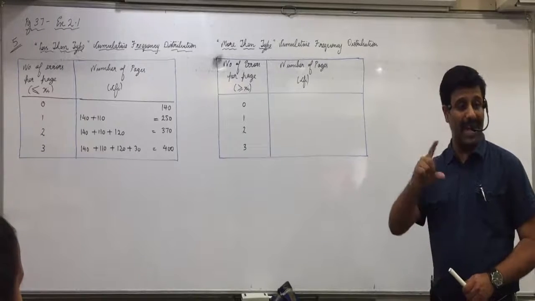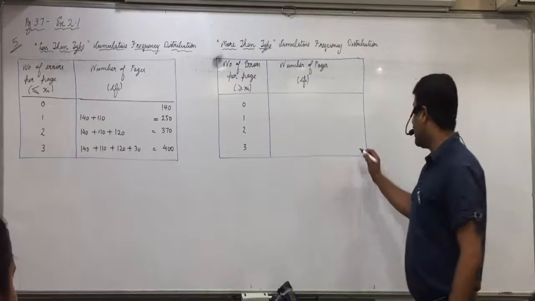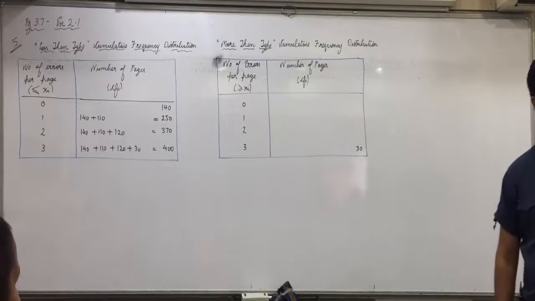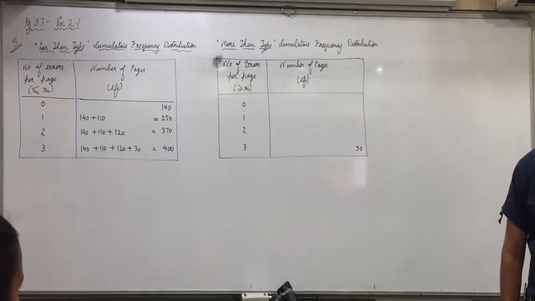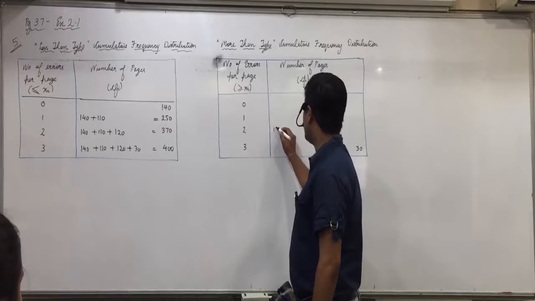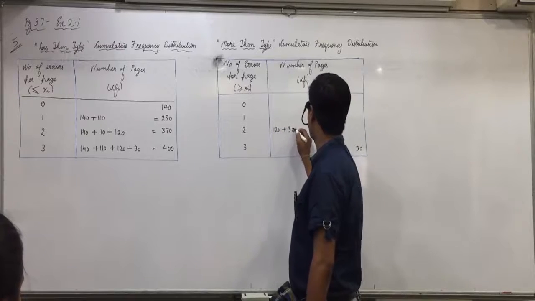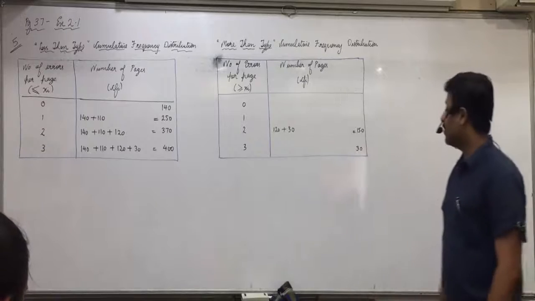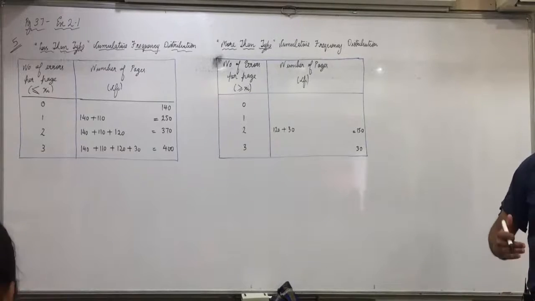Now here we write from bottom to top. See in the question, what is the last frequency? 30. Write it as it is, 30. Okay. Now see the last two frequencies. What are those? 120 plus 30, 150. Able to understand this? From bottom to top we have to add.